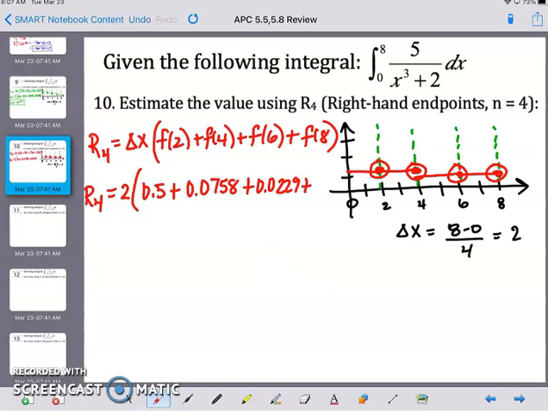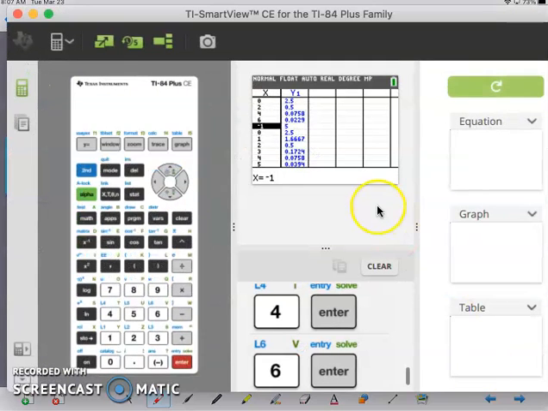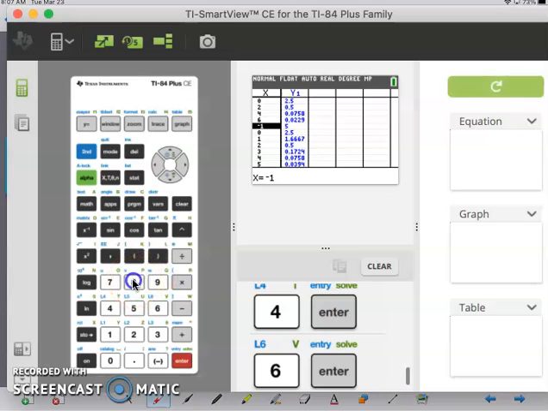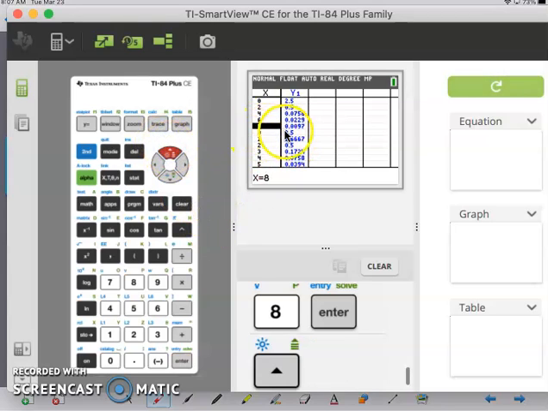And now for our f of 8, I'm going to go back to my table on my graphing calculator, and I'm just going to hit x equals 8, enter, and that value is 2.5. Wait, sorry. I was looking at x equals 0. My apologies. That value is 0.0097.